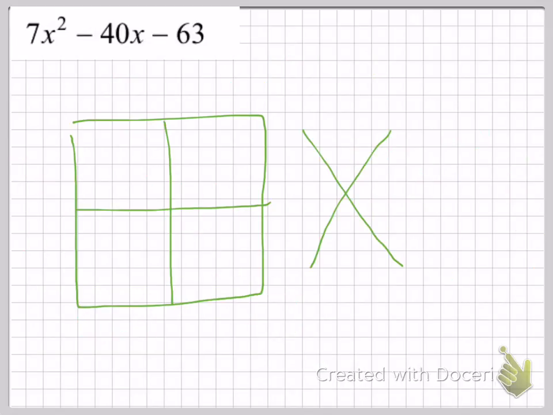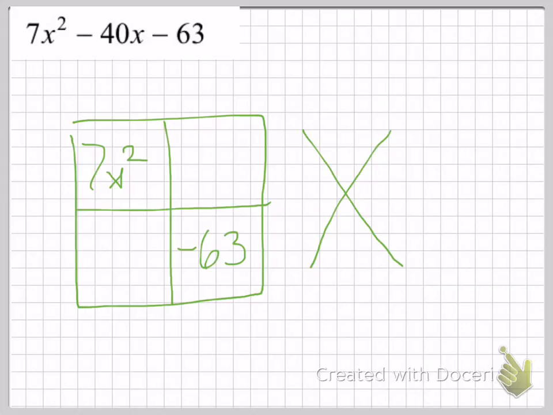Let's try this again for a new function. 7x squared minus 40x minus 63. We know that we can fill in 7x squared and minus 63, but we need to split the minus 40x to see what the other two terms become.